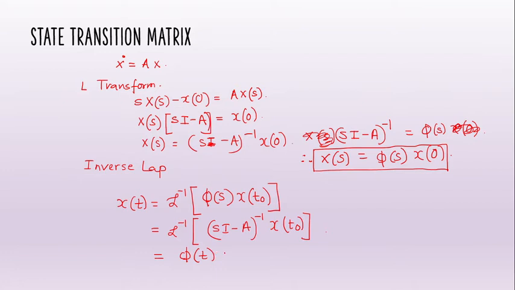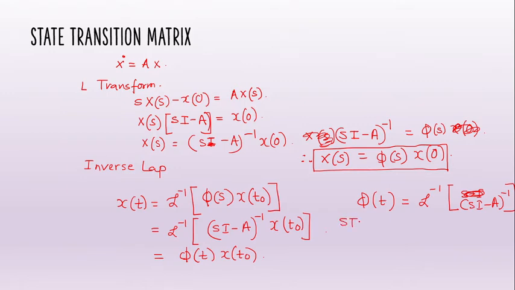Okay, phi(t) into this. So this phi(t) is called state transition matrix. What is phi(t)? Phi(t) is Laplace inverse of (sI minus A) inverse.